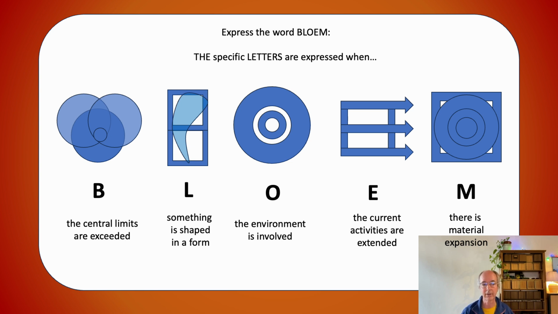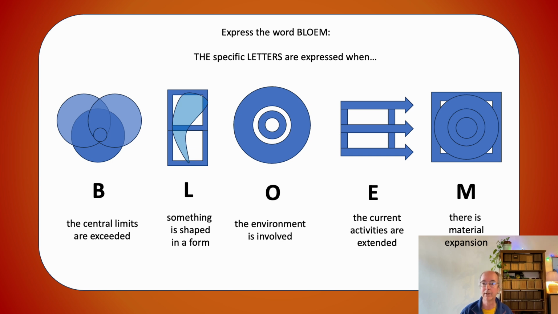The L is where something is shaped into a form. The O is where the environment is involved, so you add elements from the environment to it, into the logic that is there. The E you can find only where the current activities are extended.